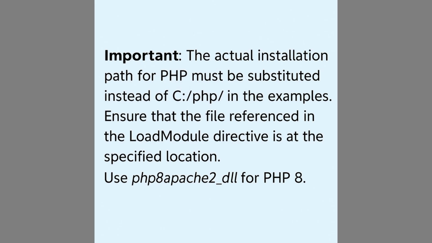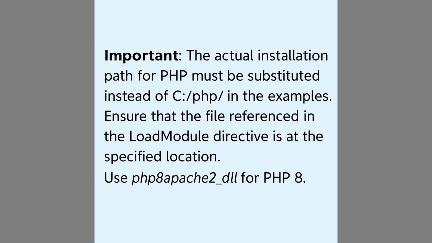It's very important to note that the examples shown in the configuration steps use the path C:/php only as a placeholder. When you are setting up PHP on your own computer, you must replace this path with the actual directory where PHP is installed on your system.